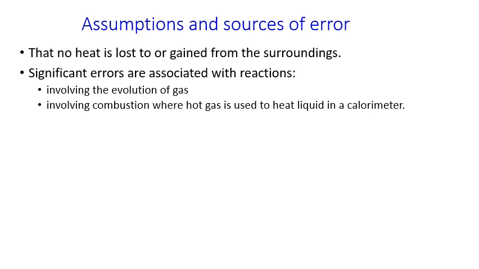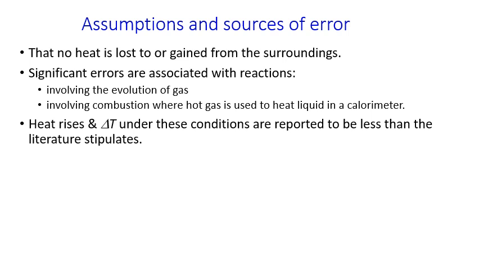And for reactions involving combustion, where hot gas is used to heat a liquid in a calorimeter, this could cause problems in getting an accurate measure of temperature. So the change in temperature under these conditions is reported to be less than literature stipulates because of these sources of error.